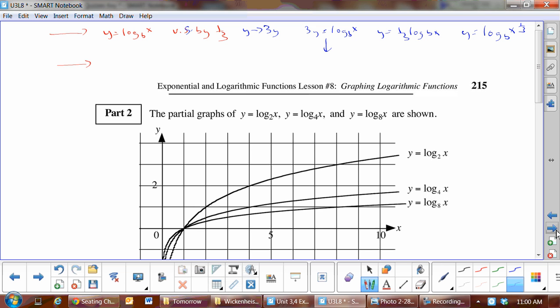So that would be b to the 3y equals x. Remember, power to the power, 3 times y, still 3y. Now I can change it to log again, and I would have log base b to the 3 of x equals y.